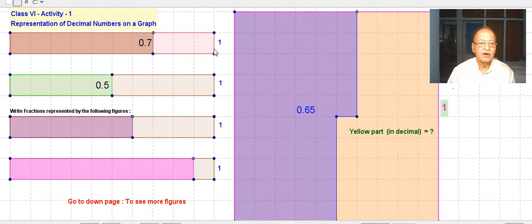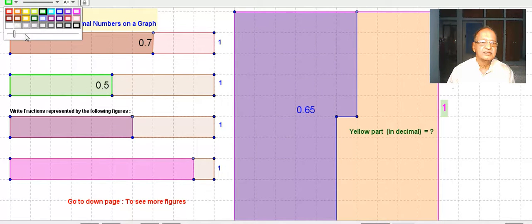Why? Out of 10 we have taken 7 only. 3 are left. So this is 0.7. If I select only 1, 2, 3, 4, 5, so 0.5 till this. In another figure you can see we have selected only the first 5.